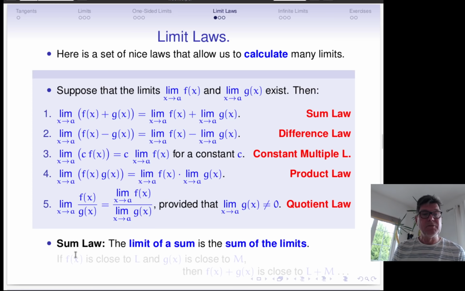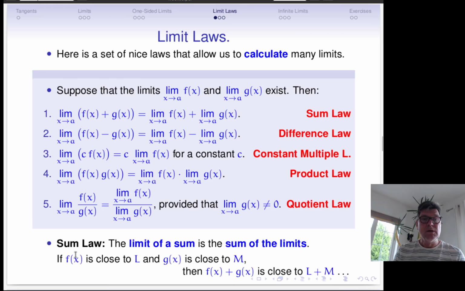In words, the sum law might be described as: the limit of a sum is the sum of the limits. And if you think about it, if f of x is close to a number L and g of x is close to a number m, then it's not hard to believe that f of x plus g of x is close to the sum L plus m.